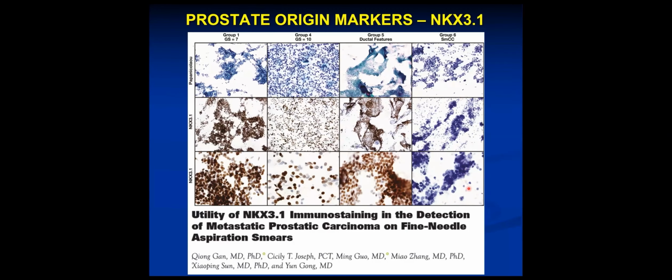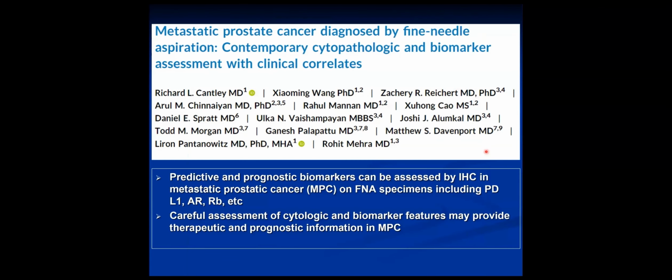A few studies have reported low expression of NKX3.1 in small cell carcinoma transformed from prostatic adenocarcinoma. Of course, predictive and prognostic biomarkers in metastatic prostatic cancer can be evaluated through ICC on FNA specimens. So ICC can be very useful for therapeutic and prognostic application in metastatic prostatic cancer.